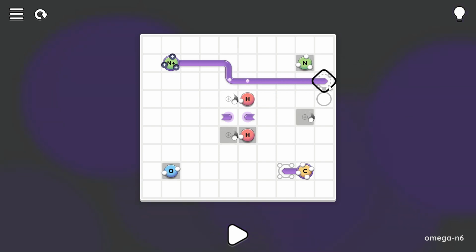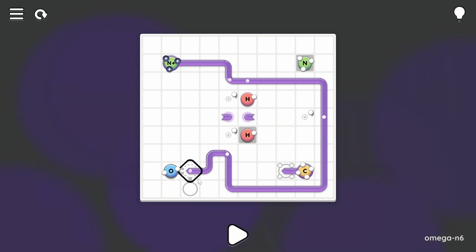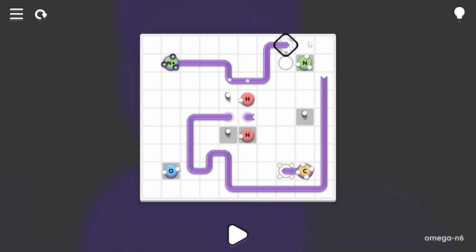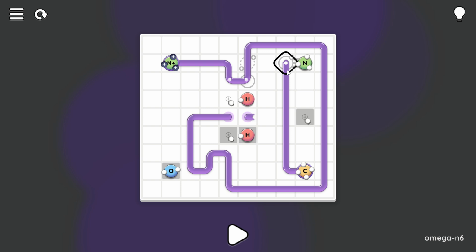What is one way for NHO to work out? This. Problems with that. C has no access to N anymore. What if I went around? Seems to fail, but may not necessarily if this went up first to collect it.